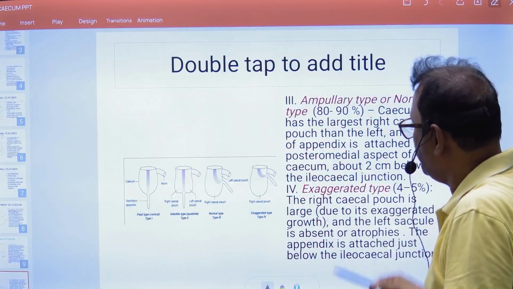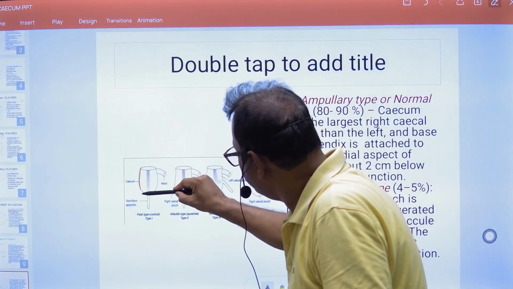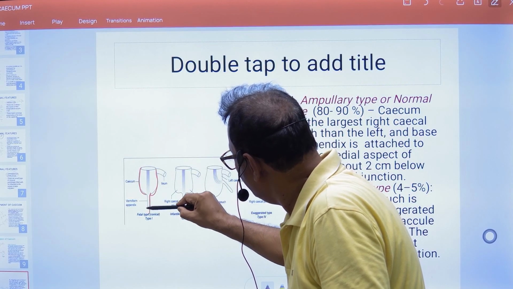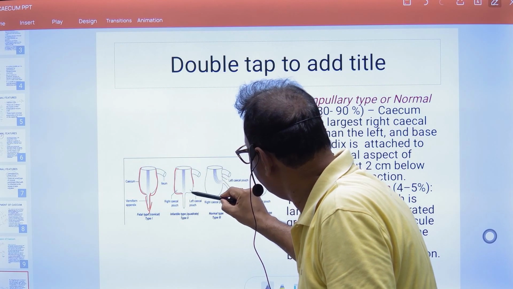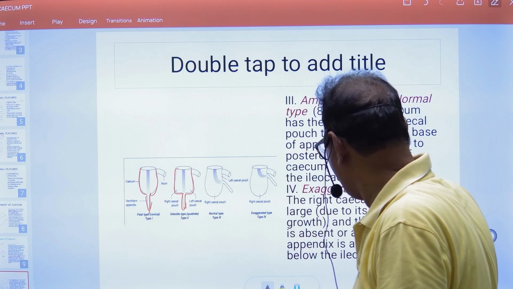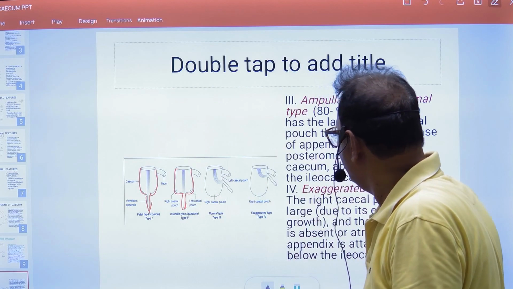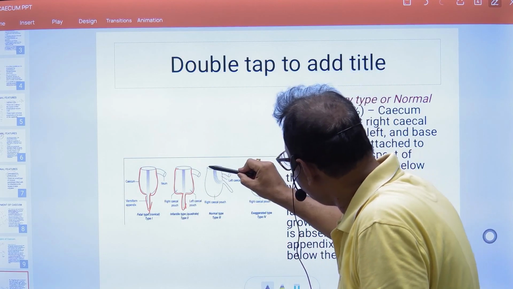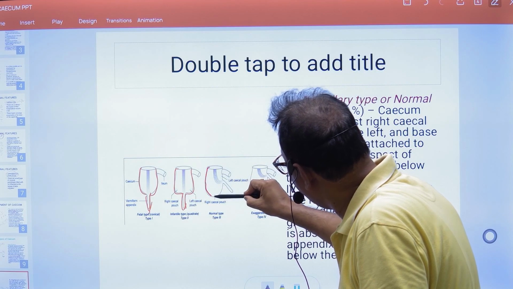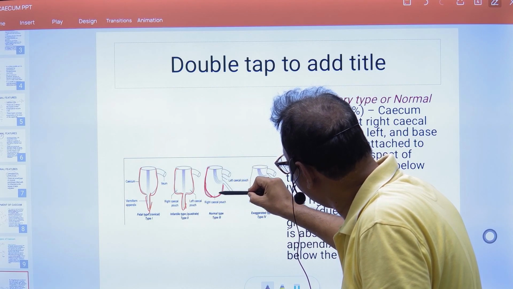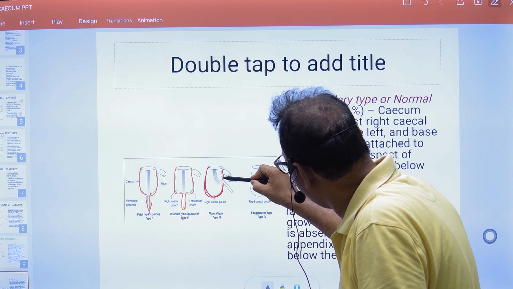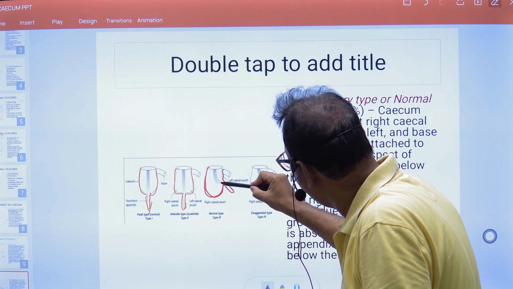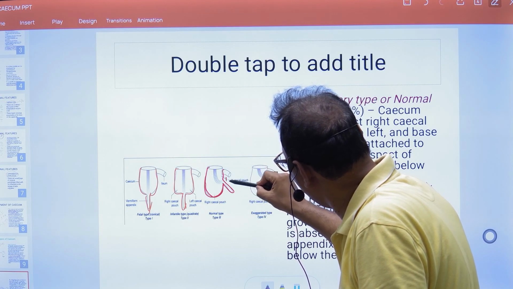Now in the next stage, the lower end is again the same on both sides. Now we see the changes. The right side grows more than the left side, and the appendix comes just 2 centimeter below the ileocecal junction.